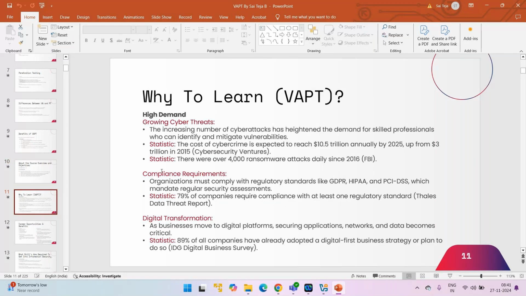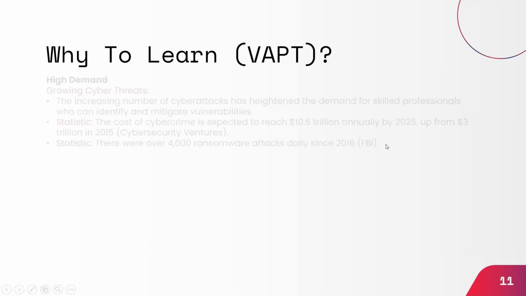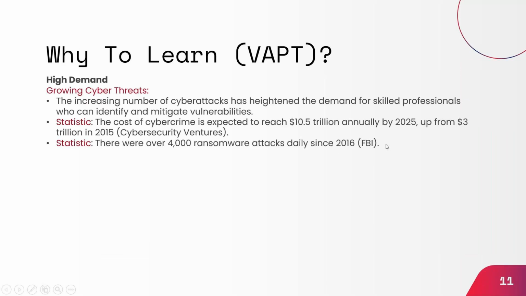So why get started in VAPT, when we have other domains also? See, guys, this domain has a lot of value. Other domains may be completely automated, but this domain cannot be automated completely, maybe in the next 5 years or more than that.